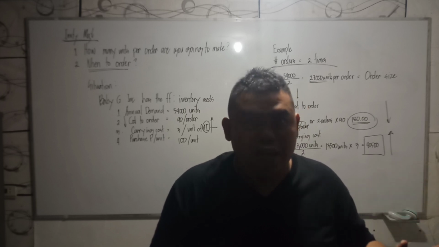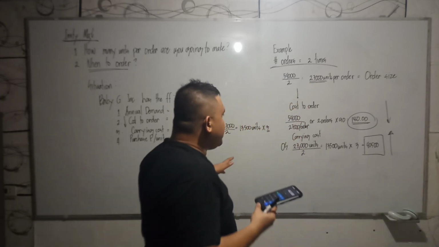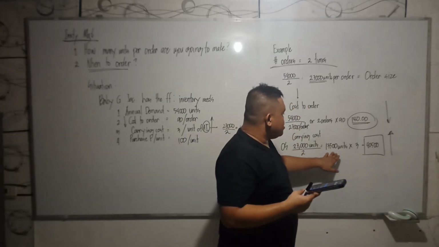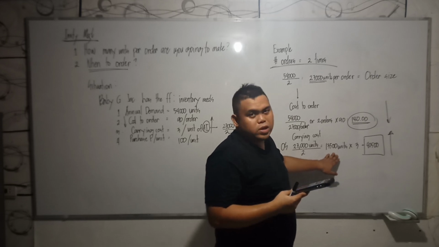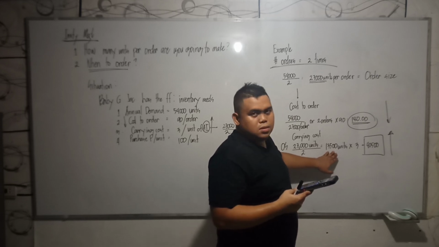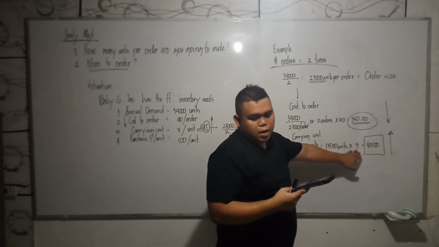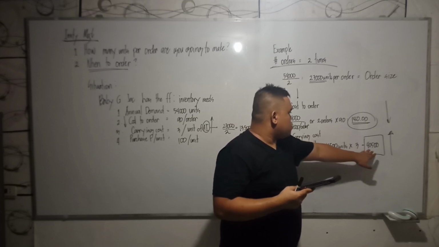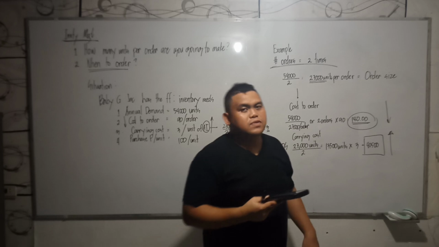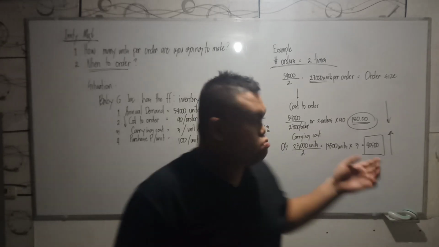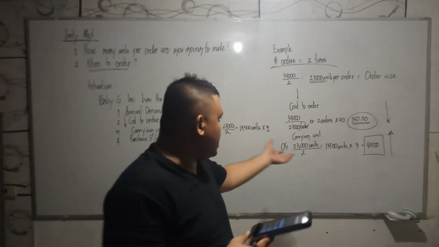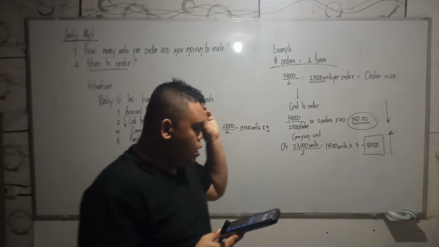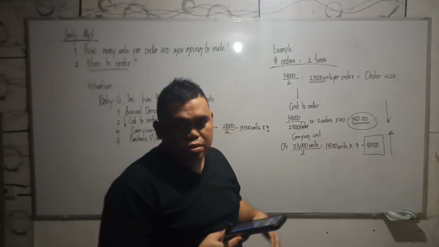That's theoretical. Do you follow? So day in and day out, you have to maintain 13,500 in your storage units, and you have to incur the cost of carrying them. So the total carrying cost is 40,500. That's what will happen if you make few orders.